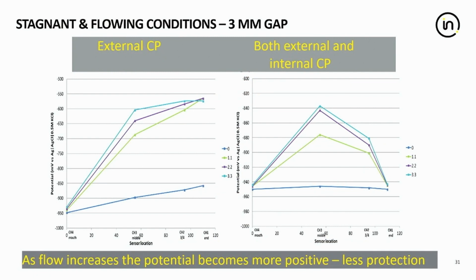And that can be seen in these plots here, where the protection level we're looking for is more negative than -800 mV, so all these points up here are underprotected, whereas when external and internal protection is applied, then all values were more negative than -800.